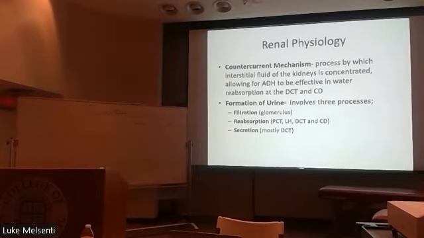Basically, in the descending loop of Henle, the filtrate is going down, and the blood in the peritubular capillaries is going in the opposite direction. You're pulling water out of the filtrate and concentrating it. Then in the ascending loop, you're pumping out the sodium and chloride ions into the interstitial fluid.